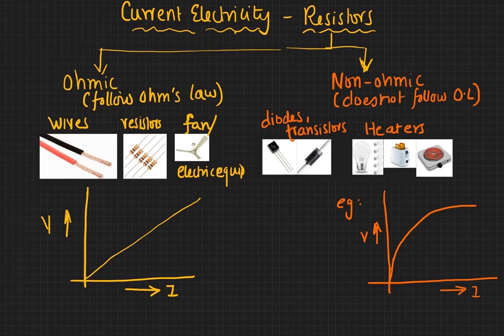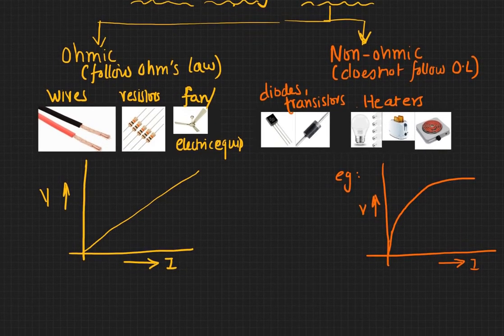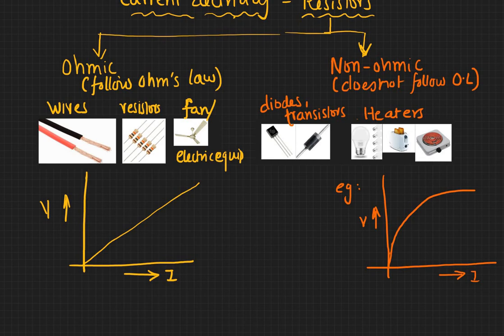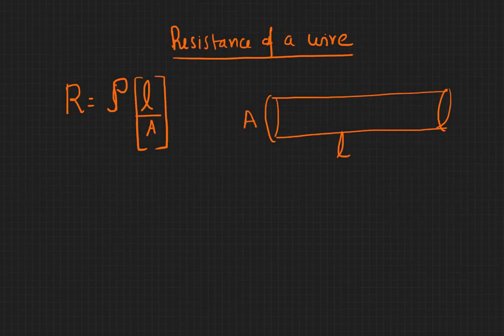In this video, we are going to study more about wires, which are just one category of ohmic resistors, and how they behave for various parameters.